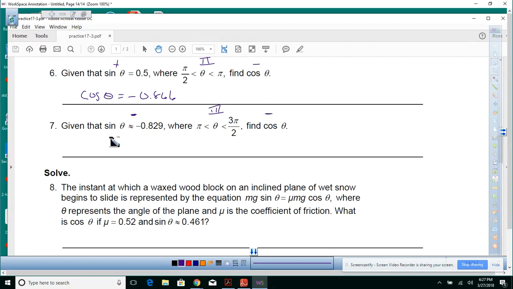And so number 7, I got cosine theta equals negative 0.559. Okay.